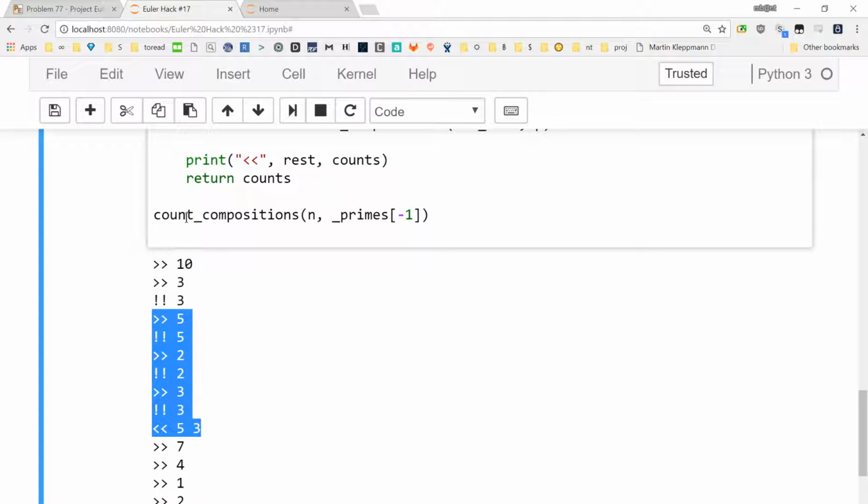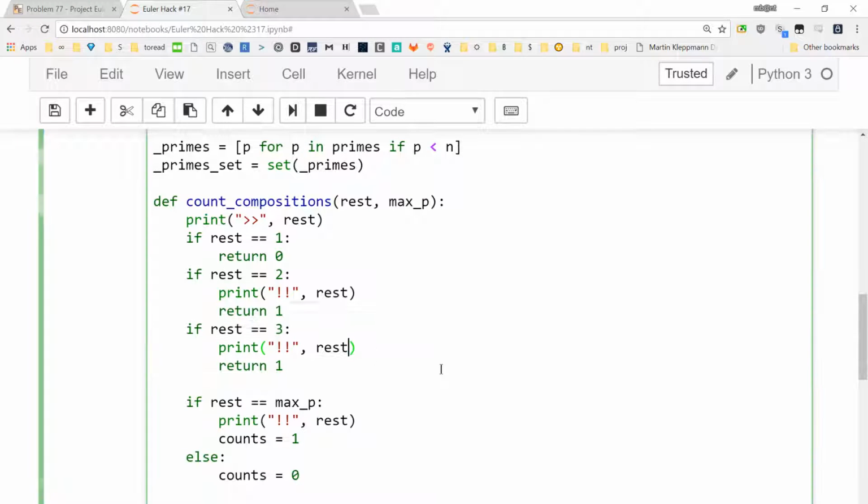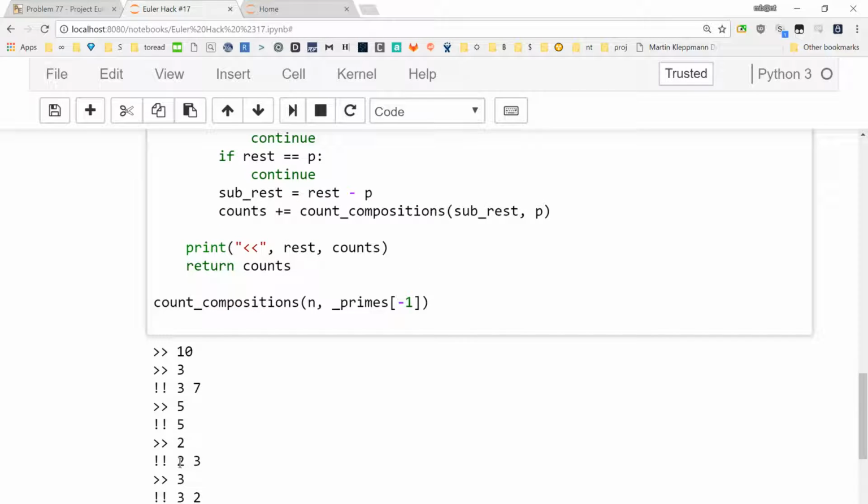I'm going to guess the max p should be 2 in this case. So yeah, the max p is 3, and here the max p is 2. So there's no way to decompose 3 using only the prime 2. So this is why this is wrong.